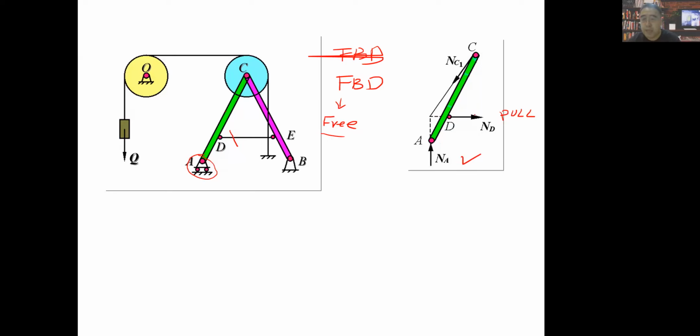So this NA and this NB must have an intersection point here. So you can use the 三力汇交定理 to draw NC like this. You can always neglect this one. You just draw NCX and NCY.